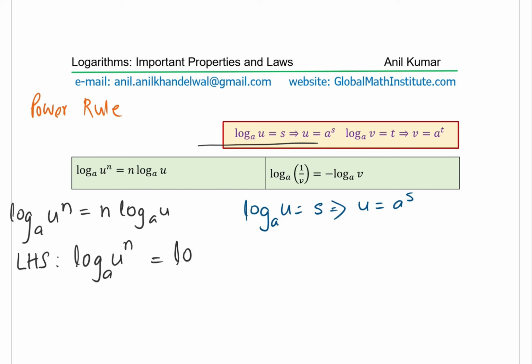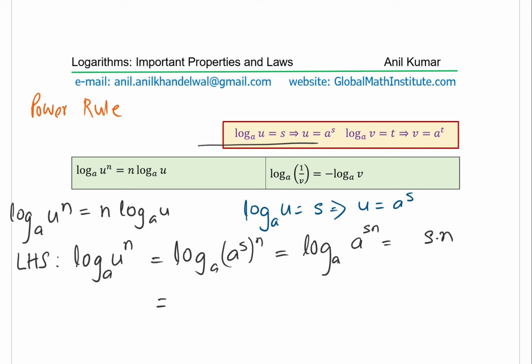So we can write this as log to the base a of a to the power of s, to the power of n. And that really means it could be written using this power rule as log to the base a of a to the power of sn, right? Product of s and n.